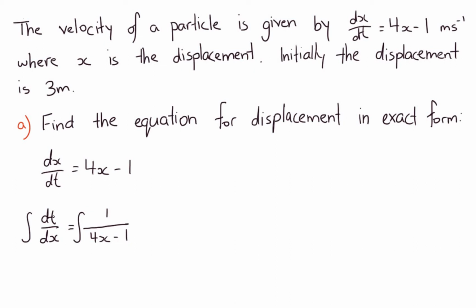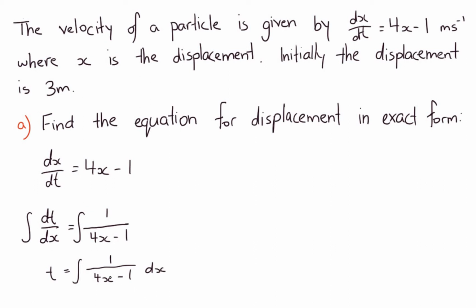And what's the integral of this derivative? Well, it's just t. And now we need to integrate the right hand side. So when we look at this integral, and this is with respect to x, what are we going to do?